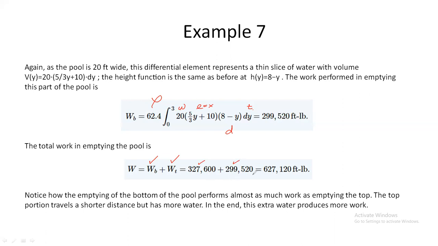There is lesser work here for the top, but greater work at the bottom part of that pool because there's greater displacement. So in terms of the displacement of the differential volume of water, it's bigger at the bottom of the pool. The top portion travels a shorter distance, but has more water. And in the end, the extra water produces more work.